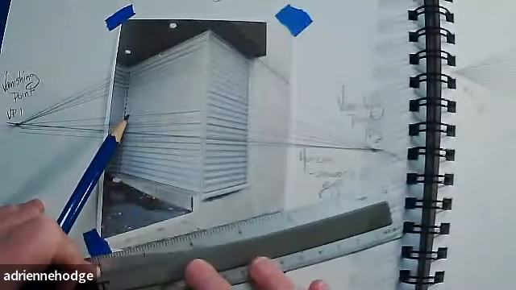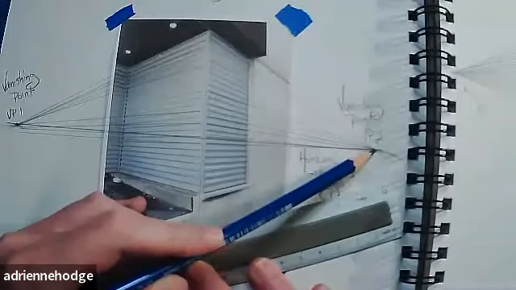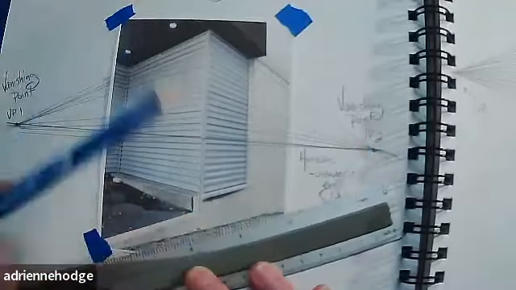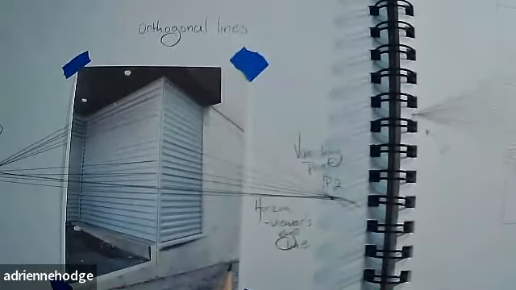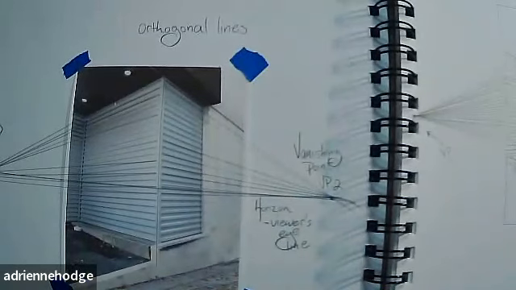Like this line does not intersect with our vanishing point 2 because of, you know, just the elevation of the alley. So we're just going to freehand this line, or we can just look at the shape that it makes in the photograph, how it makes this elongated triangle here.